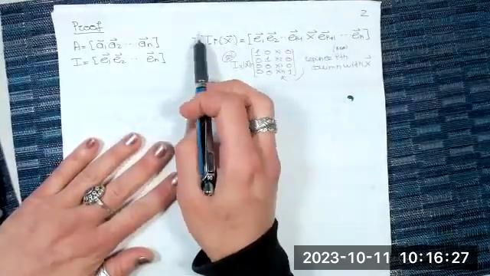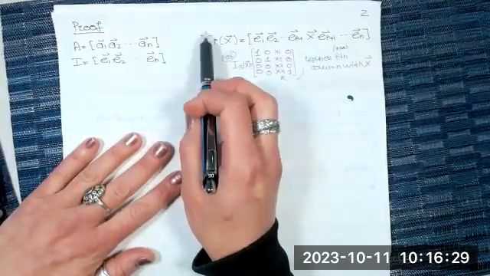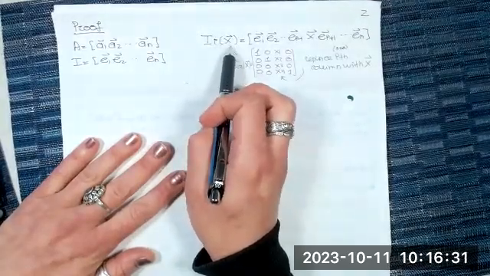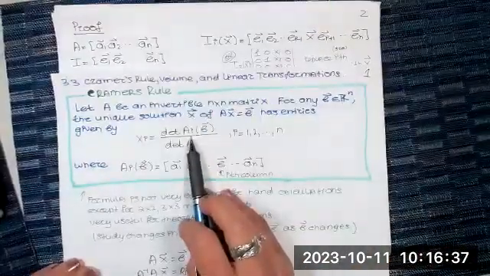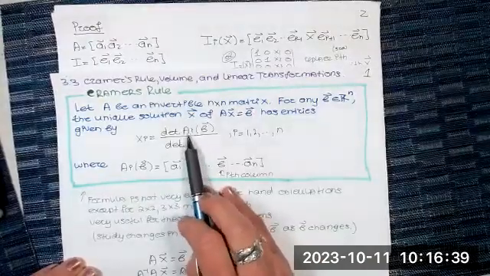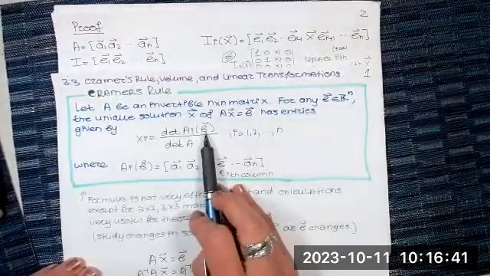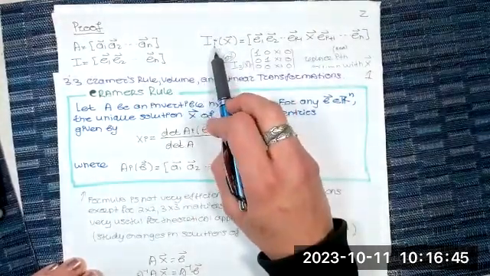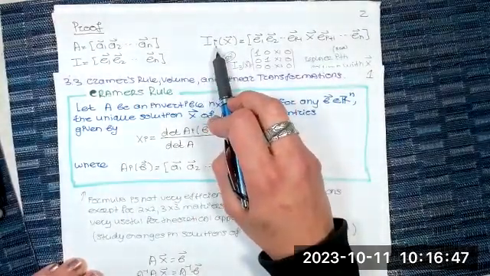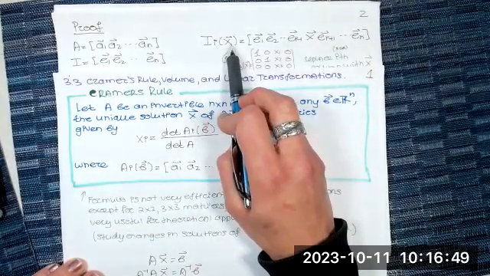So if I have the identity matrix Ii(x), it's just like in this definition here, where my subscript i means that I'm taking my matrix A and replacing the ith column with b. Here I'm taking my identity matrix and replacing the ith column of the identity matrix with the vector x.